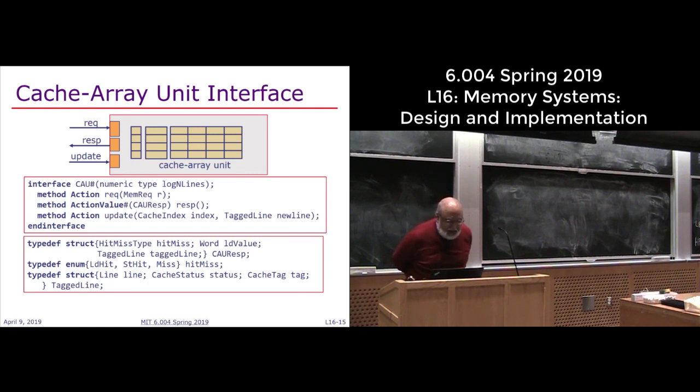It is either a load hit, a store hit, or just a miss, because in case of a miss, I return the whole line. Okay, so this is just filling out those details for you: the exact definition of each one of these interface types that I have used.